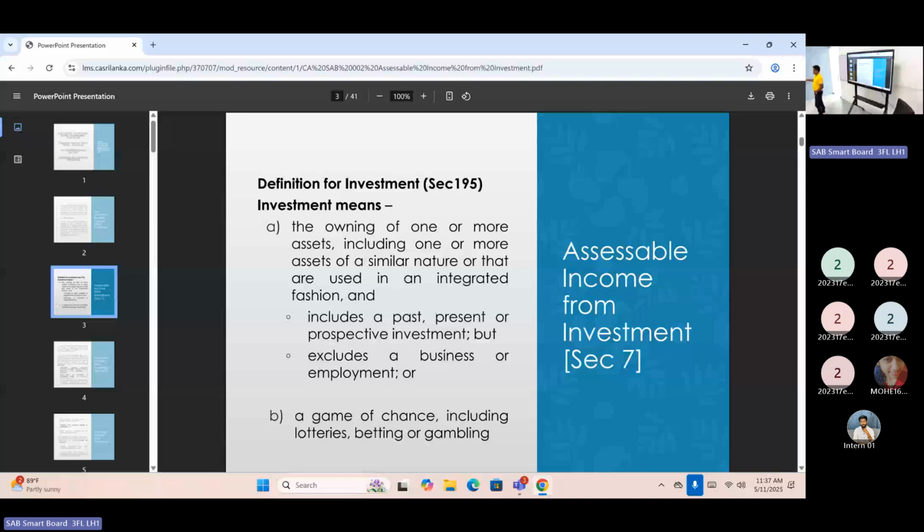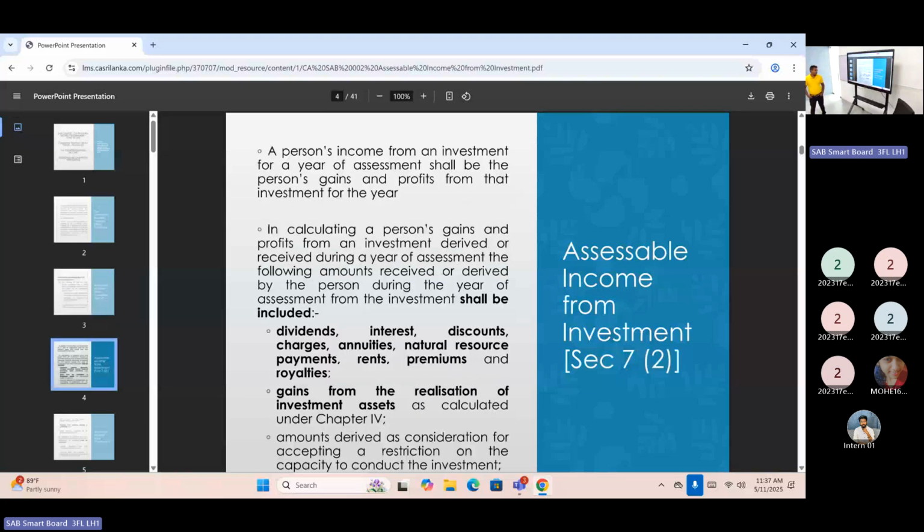Game of chance, lottery, betting, and gambling, that is also coming under the investment income, other than if it is done as a business. Right? So, personal income from an investment per year shall be the person's gains and profit from that investment for that year.